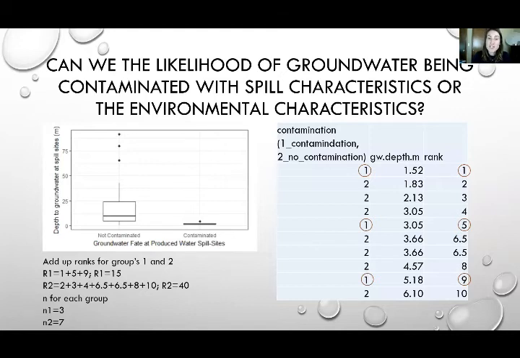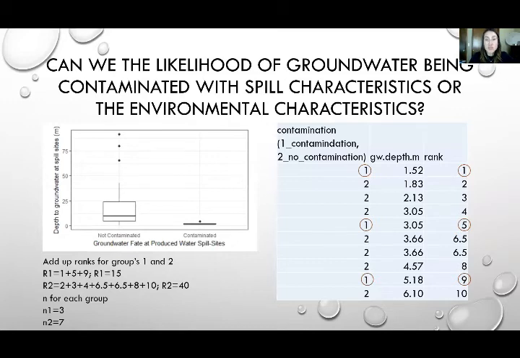And so in the second column, you can see we have gw.depth.m. That just means the depth to groundwater in meters at sites that had a produced water spill. And then on the very right is the ranking. And this is where the researcher comes in to do the statistical test. So what you do is you would order all of your depths to groundwater.